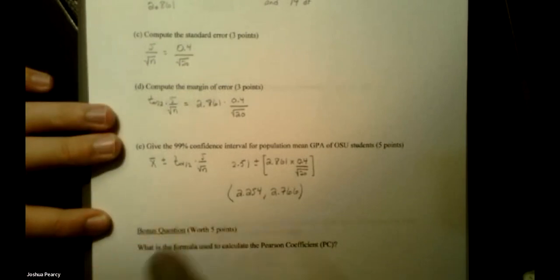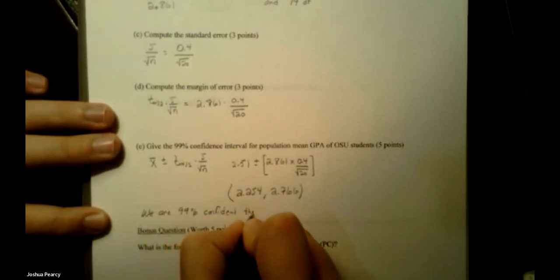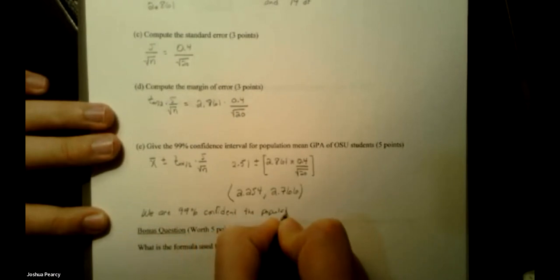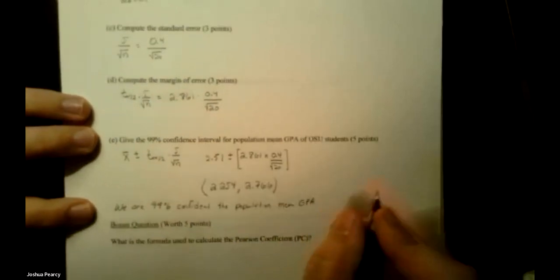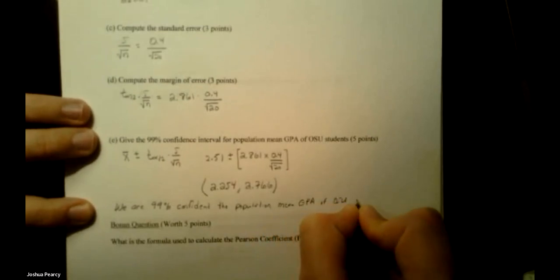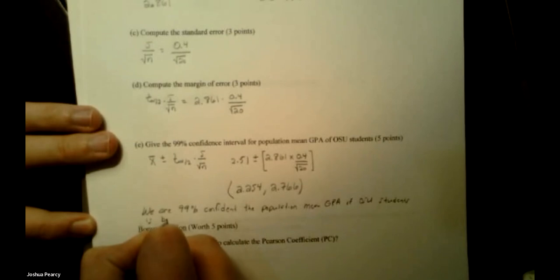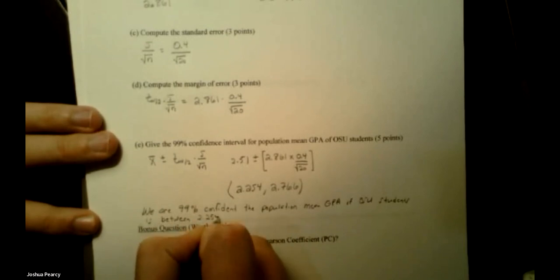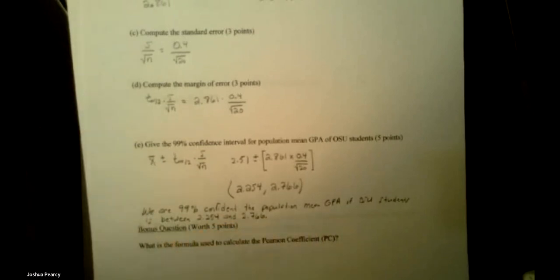Then the interpretation would be, we are 99% confident the population mean GPA of OSU students is between 2.254 and 2.766, and that would be the interpretation.